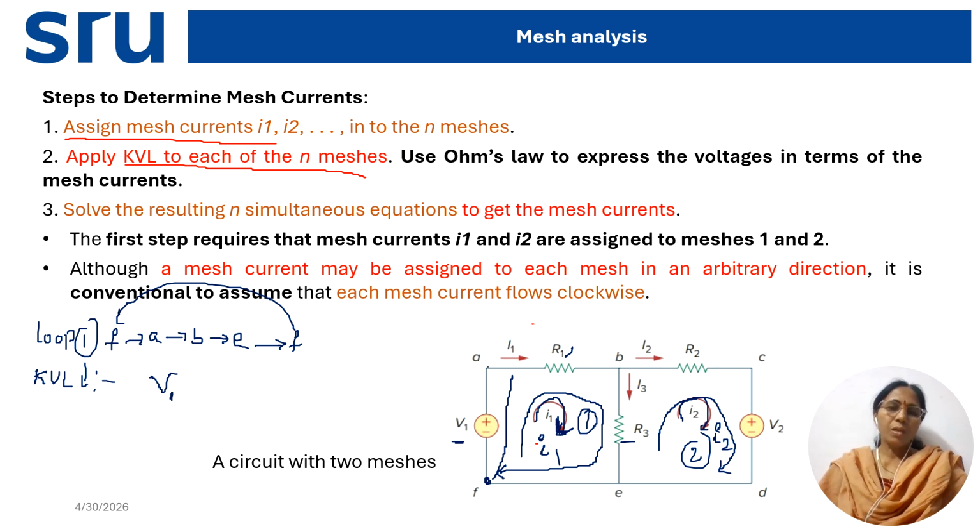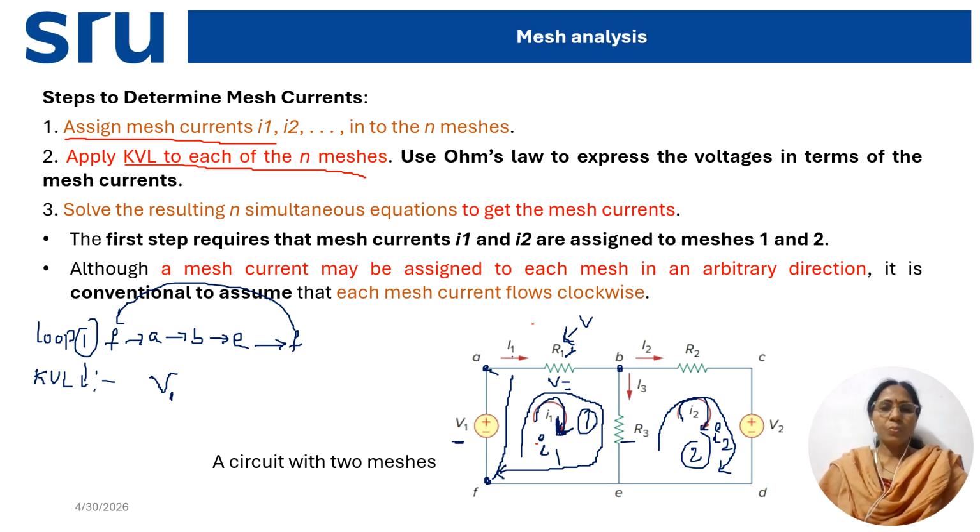Then from A to B, what is the element between A and B? Resistance. We are writing the voltage equation, so what is the voltage across this R1? The voltage across R1 is current into resistance.